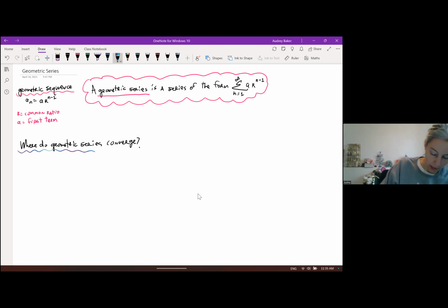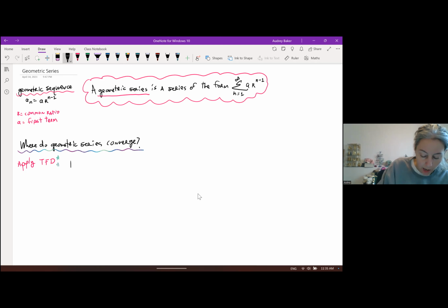That is the question that we are trying to answer. So the first thing that we should do is apply the test for divergence. And the test for divergence, remember, can't tell us convergence, but it will tell us where this thing diverges, or at least some of the places that it diverges.